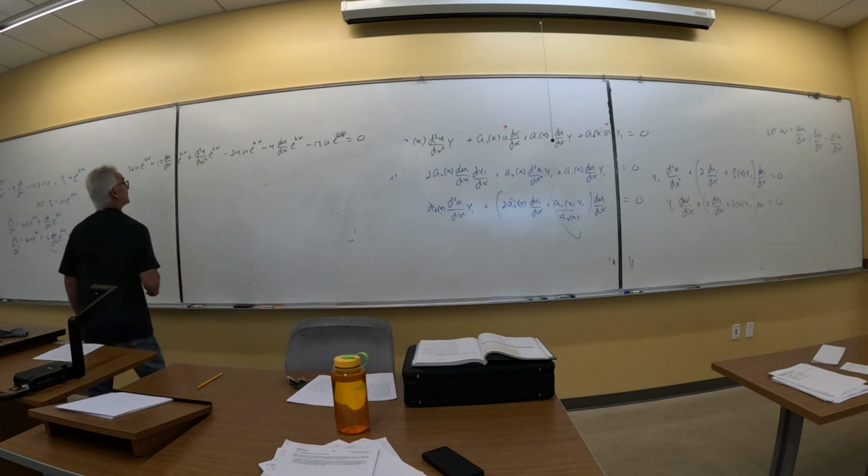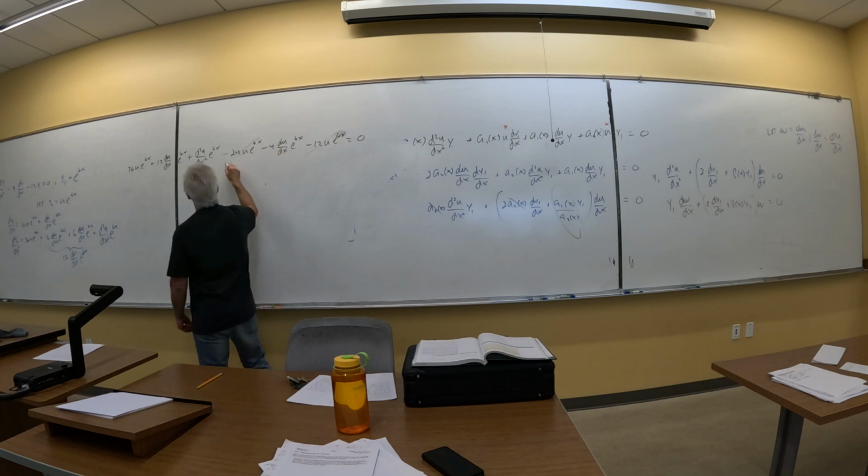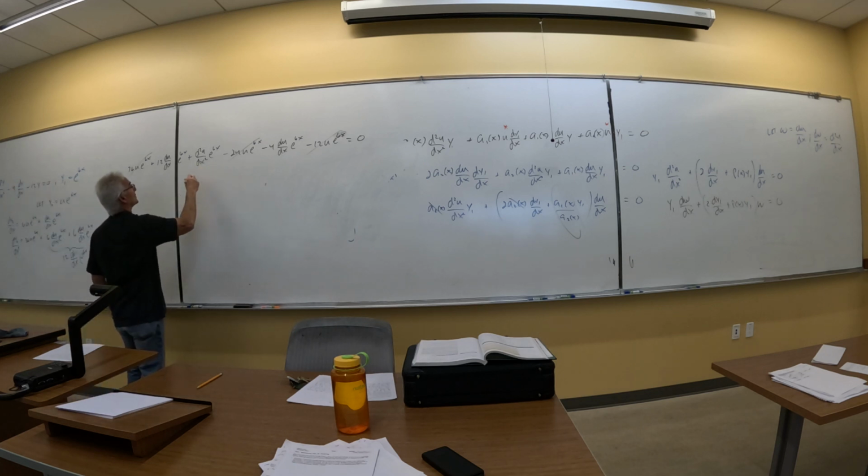Now, does anything combine or cancel? Yes. Well, let's see. That, and that do. Does anything else? We can lose 4 of the 12. I can combine. Does anything else cancel? Oh. No. So what do we got? We got this and then the sum of those two.